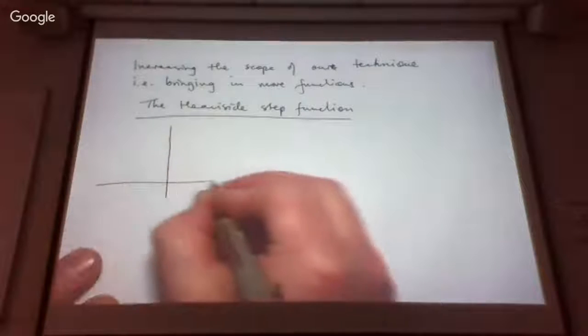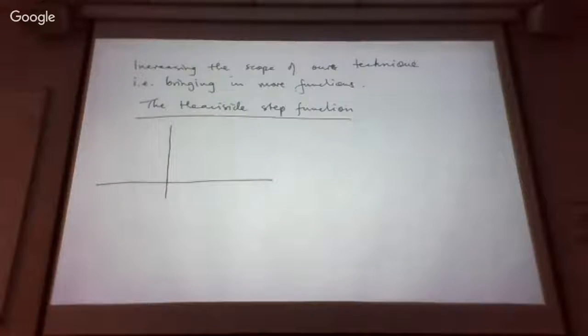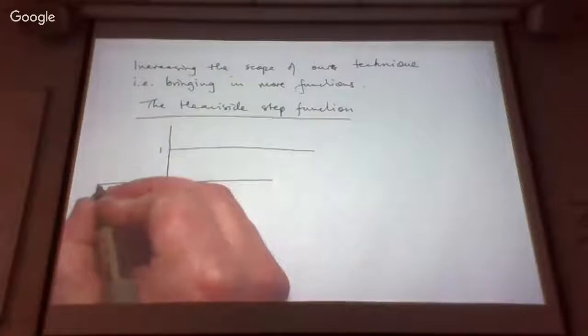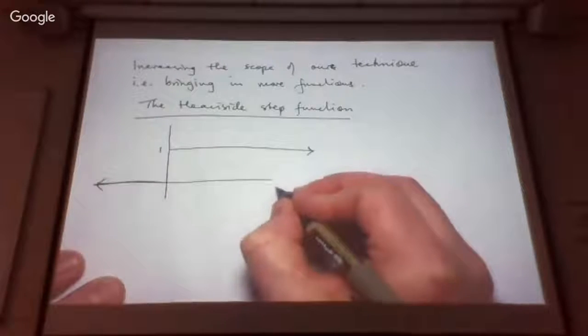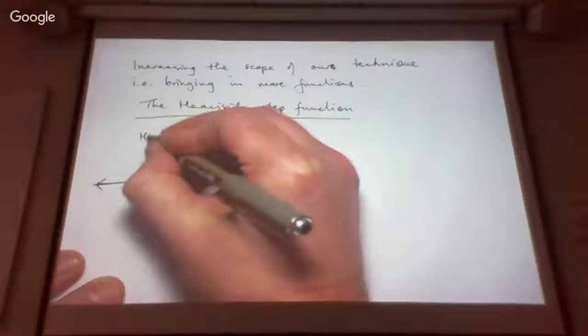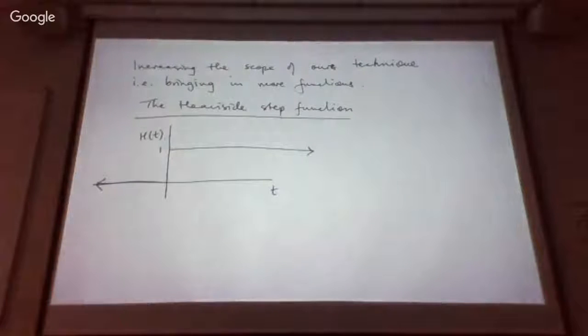How complicated a function is it? Maybe you're expecting a very complicated function, and it's difficult to draw the graph of it. Well, it's easy to draw the graph of half of it. Doesn't look like a very complicated graph.